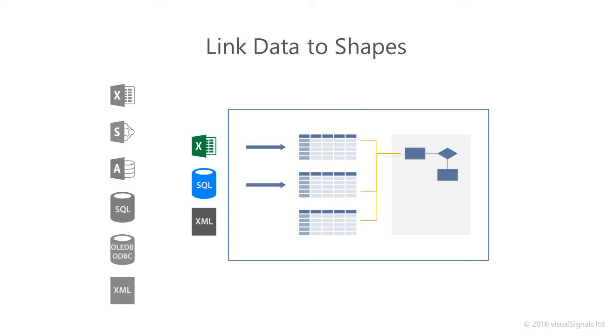This last relationship type highlights the restriction that you can only link one row from each data record set to a single shape. This makes sense, of course, because what Visio is trying to do is to map the columns in a record set to the named shape data rows in a shape, and trying to do that more than once would override the previous mapping.